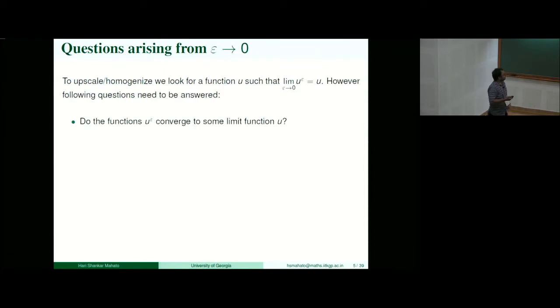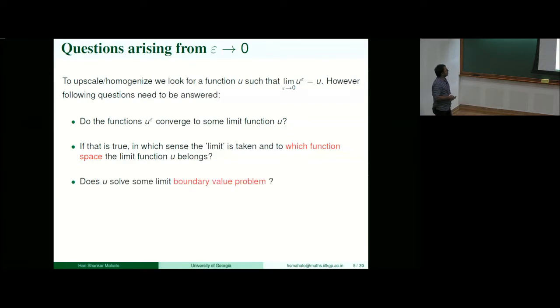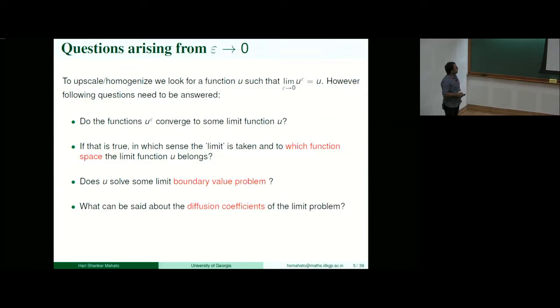If we talk about the limit, then several questions immediately arise. The first question is whether these u epsilon will converge to some limit. If so, in what sense or in which function space does that limit exist? Will the limit solve some kind of boundary value problem, and is it exactly the same type of boundary value problem that u epsilon solves?